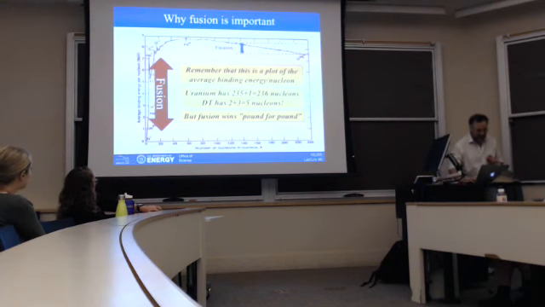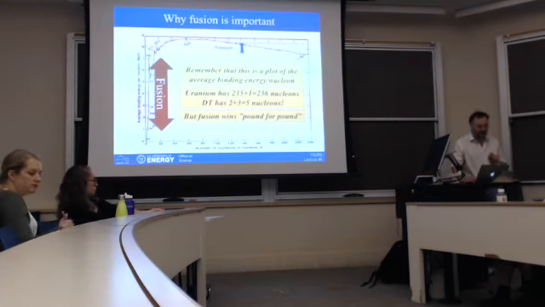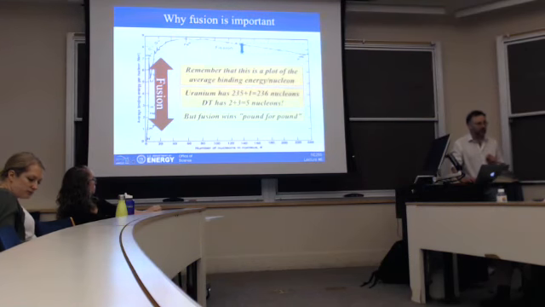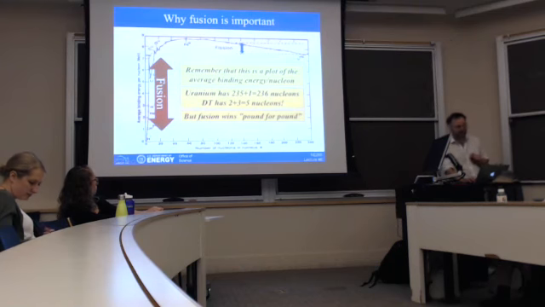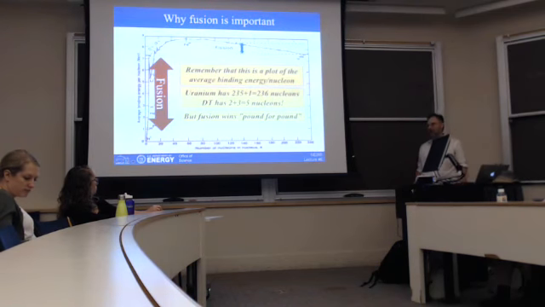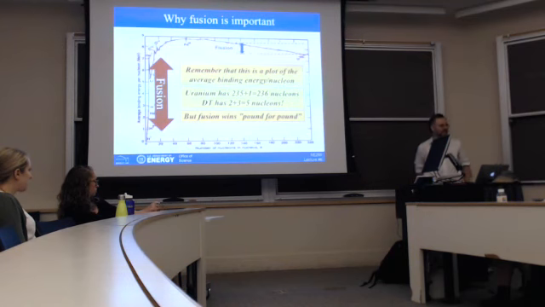This gives you 17.6 MeV. This gives you 200 MeV. But this is 17.6 per 5 mass units, as opposed to 200 per 236 mass units. Okay. So pound for pound, this is a much more plentiful source of energy, fusion.